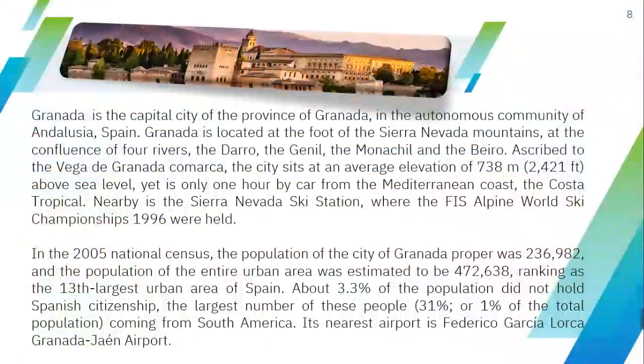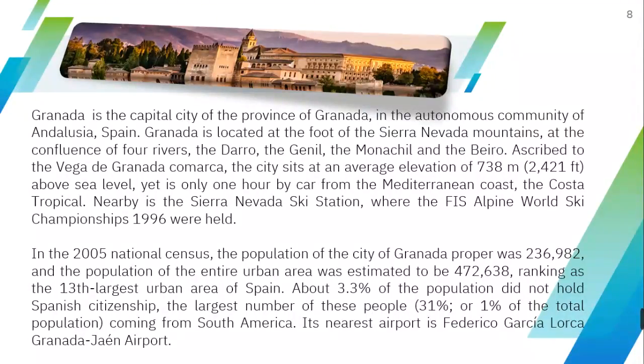And here is the example of description in written form with the same title. It is about Granada. Let's read the first paragraph. Granada is the capital city of the province of Granada, in the autonomous community of Andalusia, Spain. Granada is located at the foot of the Sierra Nevada mountains, at the confluence of four rivers, the Darro, the Genil, the Monachil, and the Beiro.